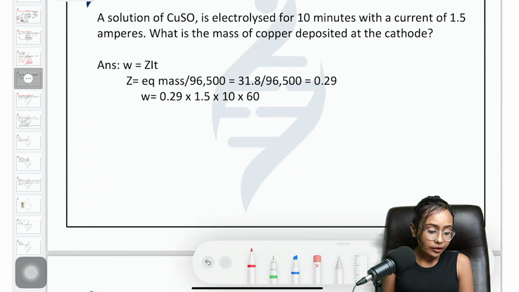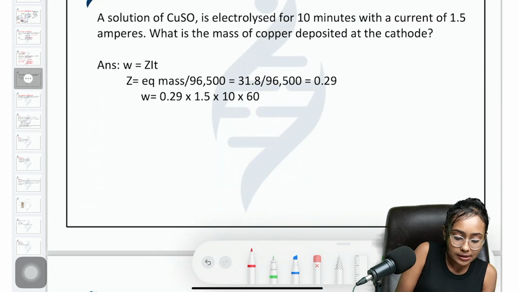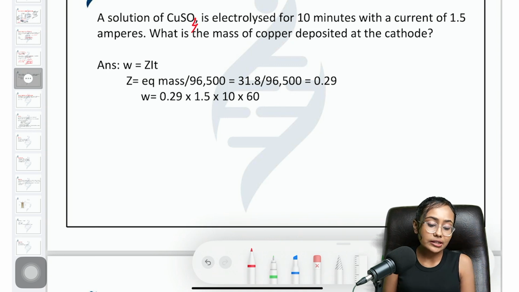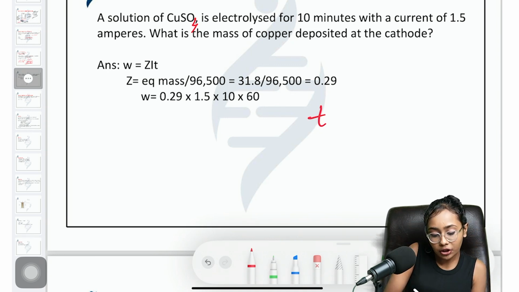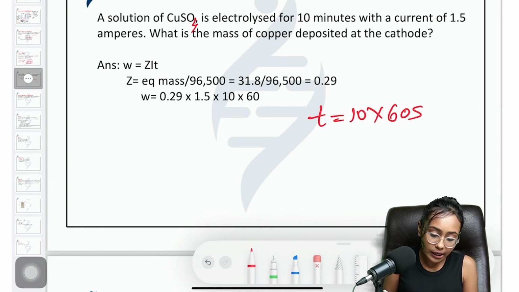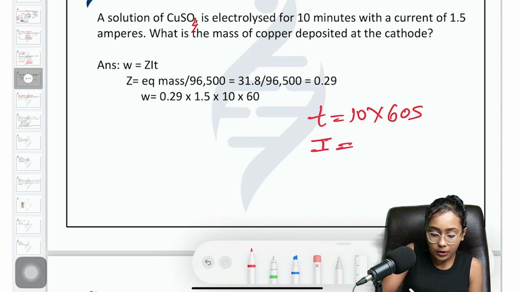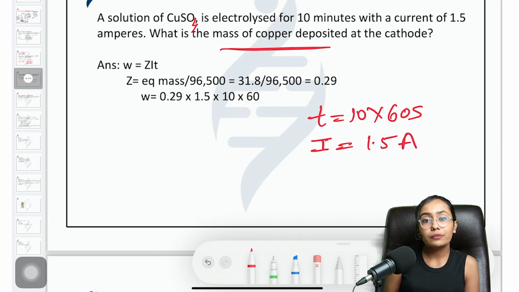A question is given here. A solution of copper sulfate, CuSO4, is electrolyzed for 10 minutes, which is 10 minutes into 60 seconds, with a current of 1.5 amperes. Current I equal to 1.5 amperes. We need to find the mass of copper deposited at the electrode.